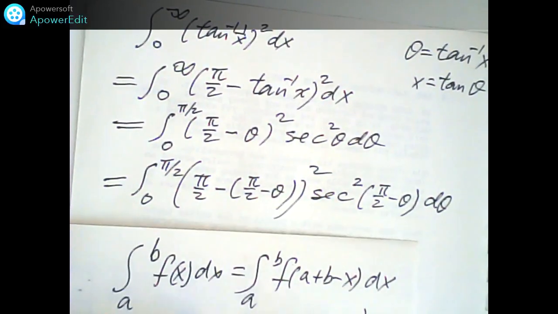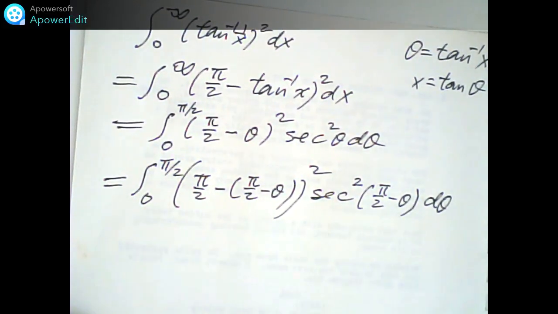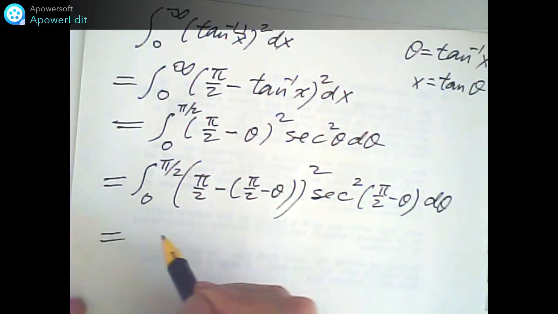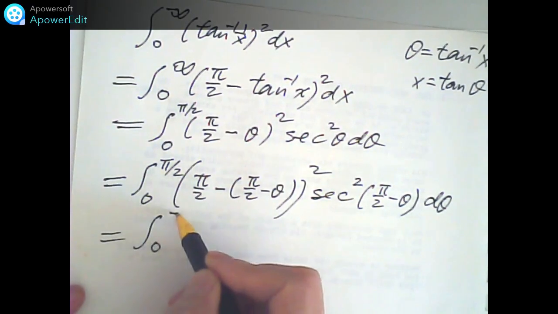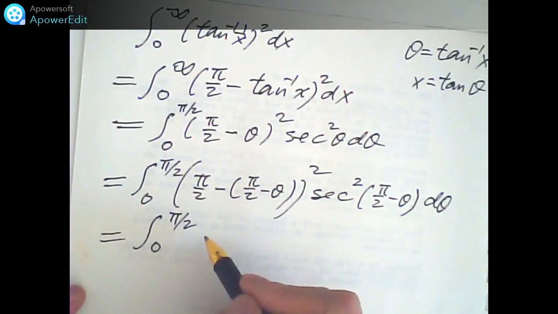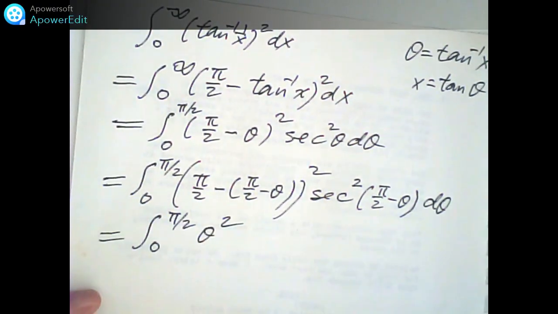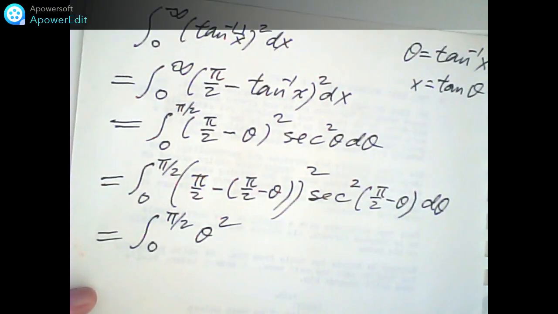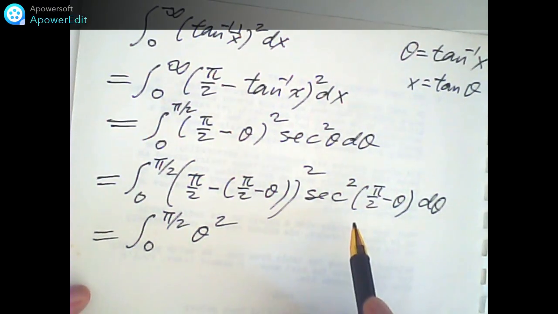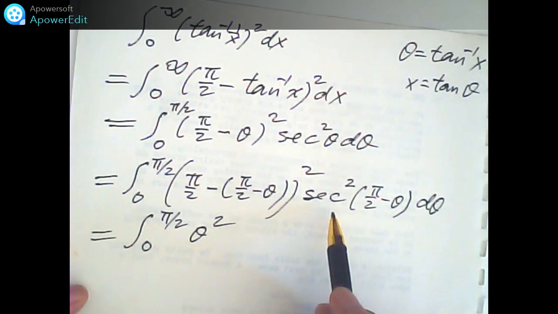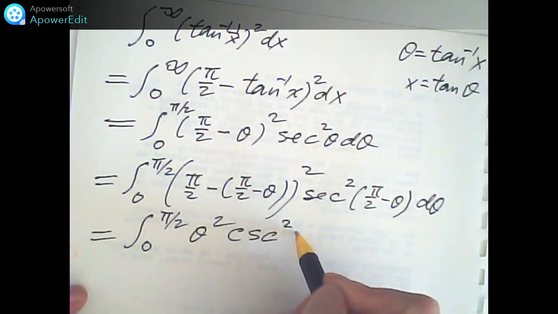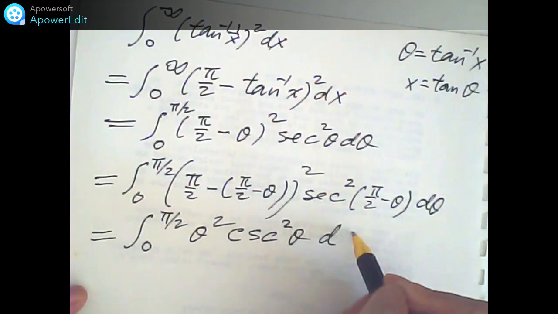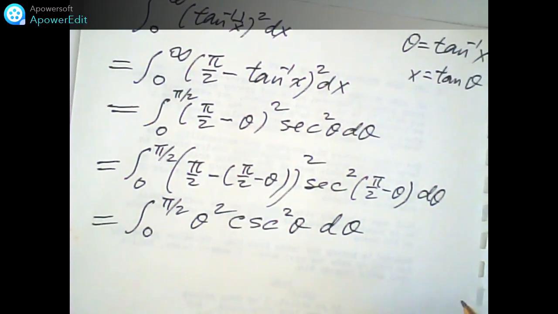Using this property, this is equal to the integral from 0 to half pi. Cancel out, as theta squared. This becomes what? This becomes cosecant, right? Cosecant squared theta d theta.